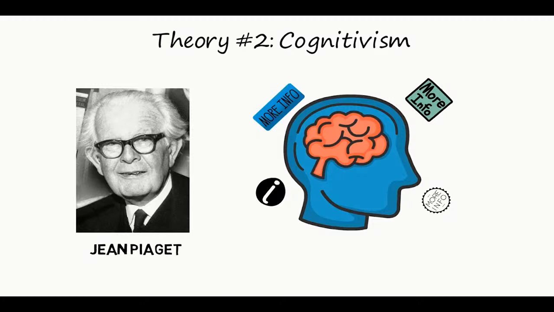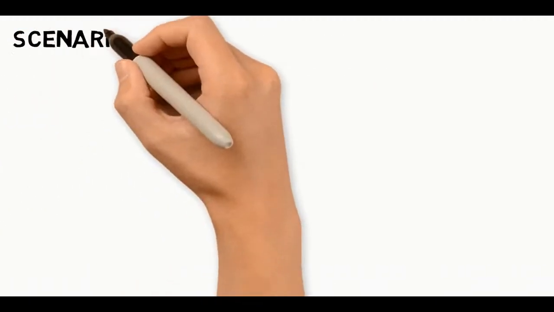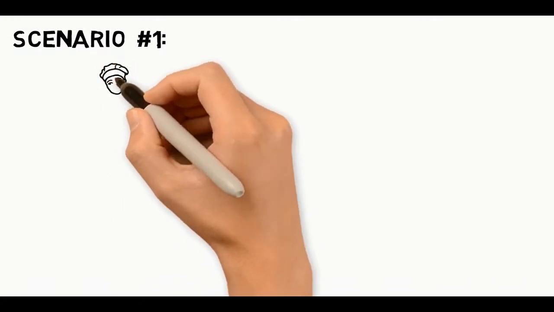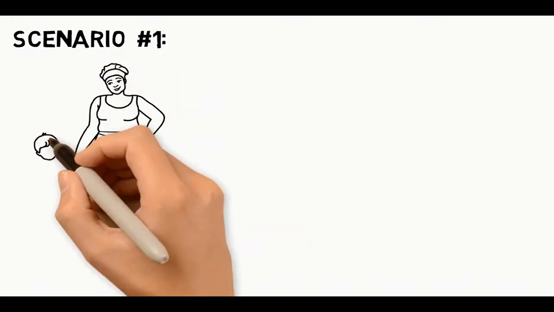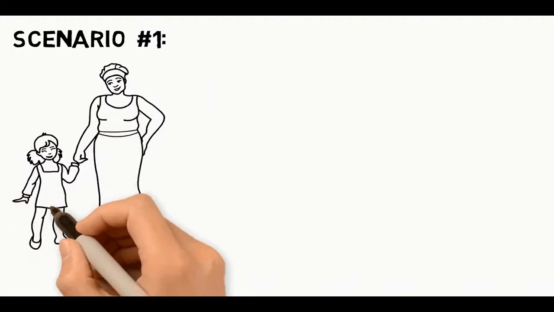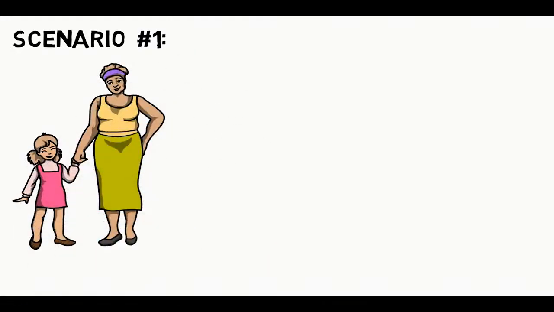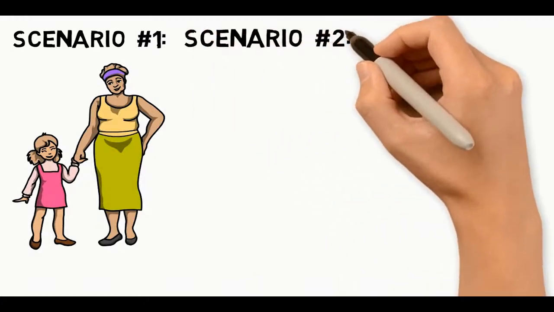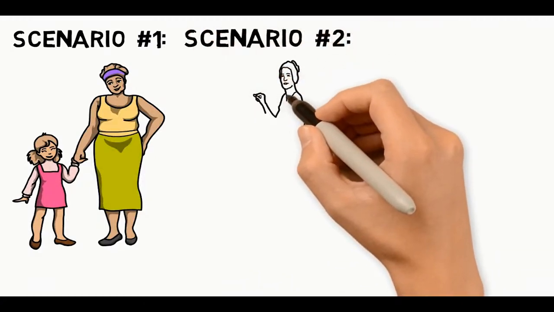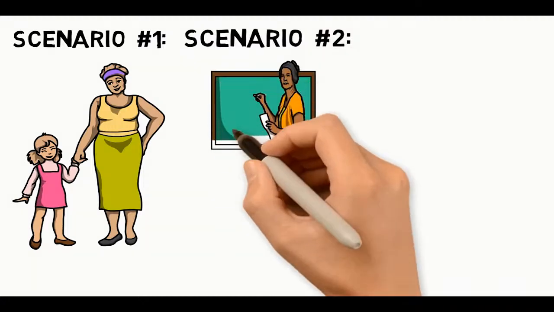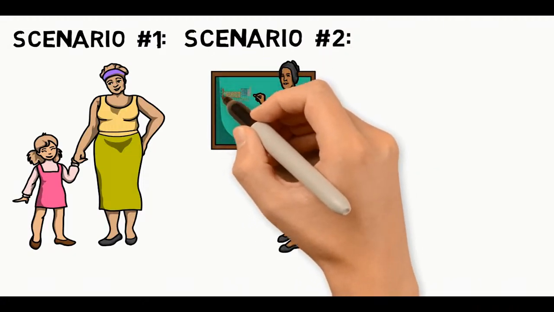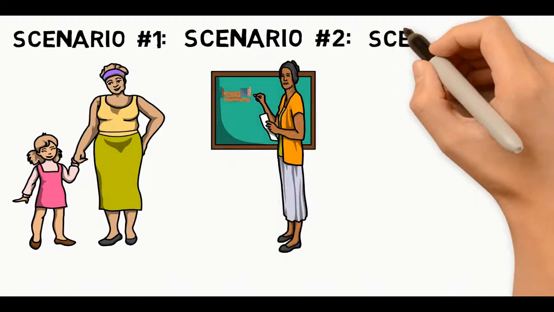A few simple examples. First example, Miss Smith, a kindergarten teacher, works with students to verbally communicate their feelings. She knows that at this age they're naturally egocentric and struggle to see things from others' perspectives. Second example, to help students memorize the periodic table, Miss Williams co-creates various mnemonic devices with her class.